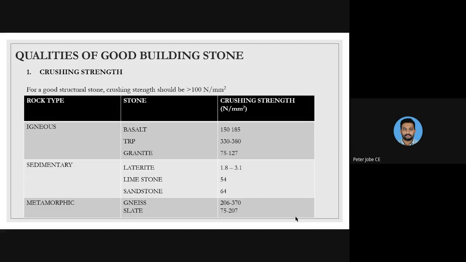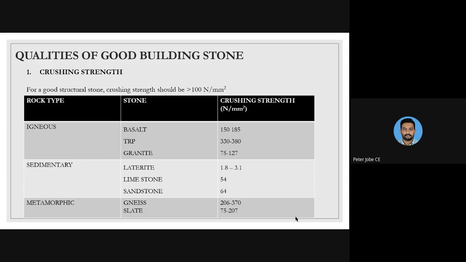So the crushing strength should be greater than 100 MPa, and there is a small table given. You need to write down this table only if questions are specifically about the crushing strength of stone, and if it's asked for 3 marks or 5 marks, you have to write this table.